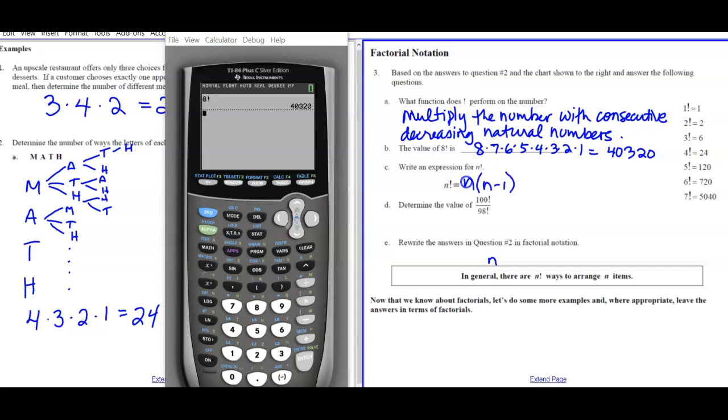And 1 less than that is n minus 2. But you got to get down to 1. And you can't throw an infinite number in there, right? So then we use dot, dot, dot. And then maybe you go with 3 times 2 times 1. Okay? That's how you would show it.